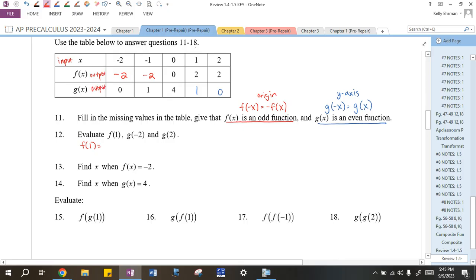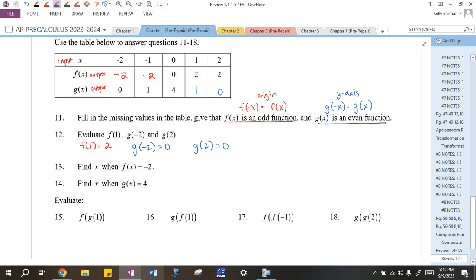So when the input is 1, what is the output for f? 2. When the input for g is negative 2, what is the output for g? 0. When the input for g is 2, what is the output for g? 0.